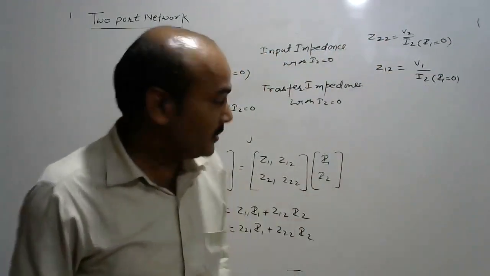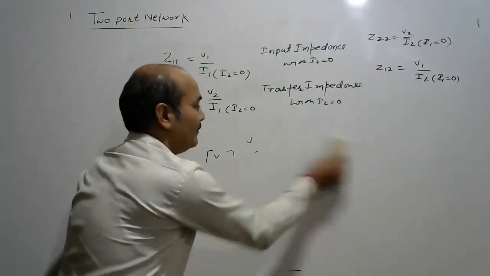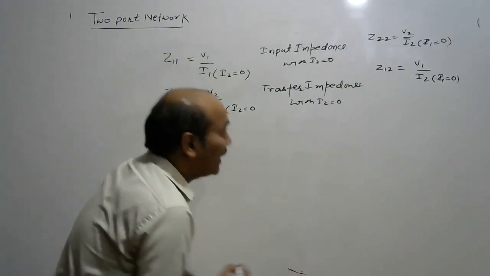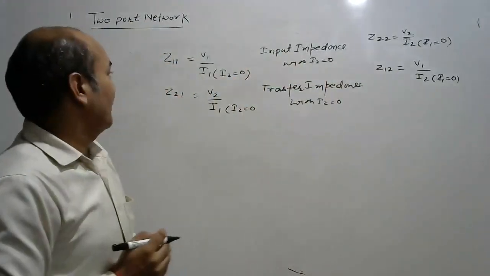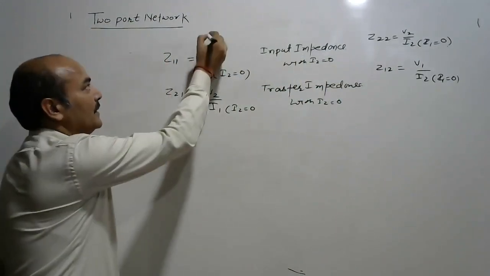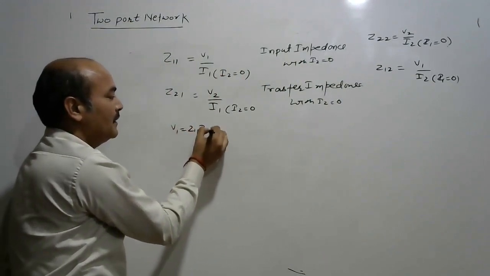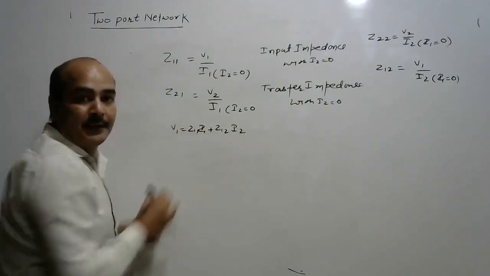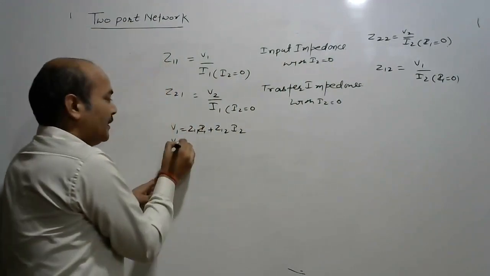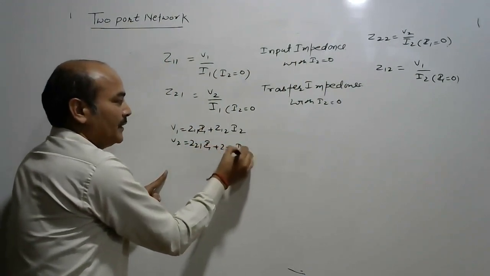Clear? So these are all four Z parameters, and if we want to draw the equivalent circuit of these parameters, see the equations. The first equation is V1 equal to Z11 I1 plus Z12 I2. The second is V2 equal to Z21 I1 plus Z22 I2.